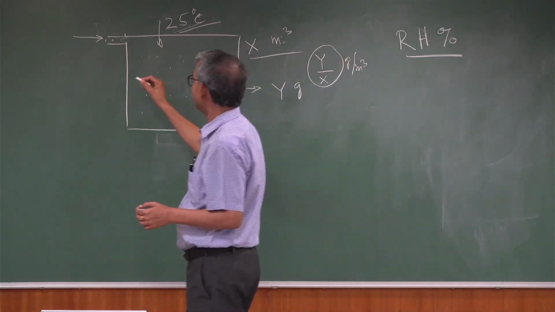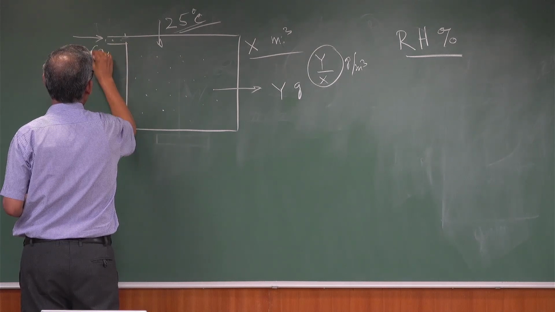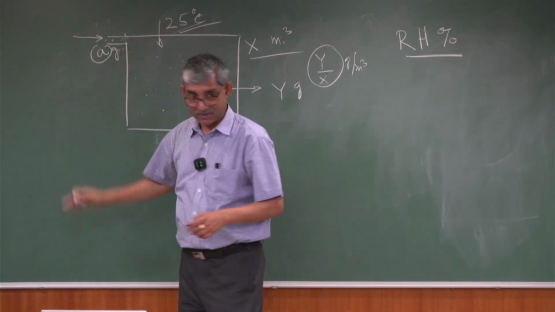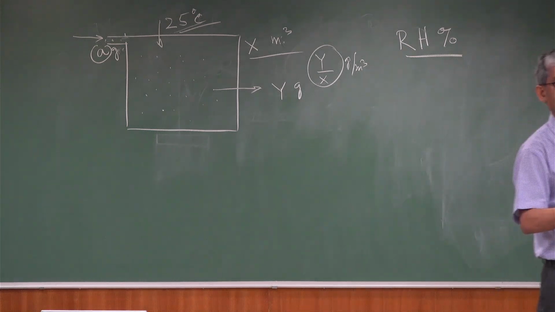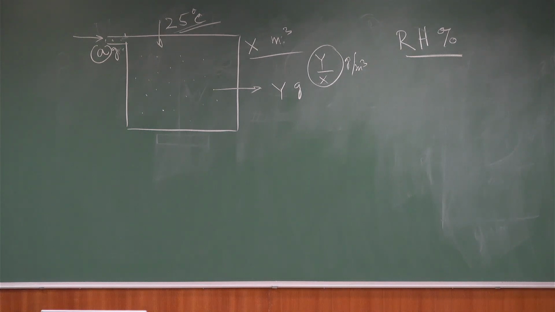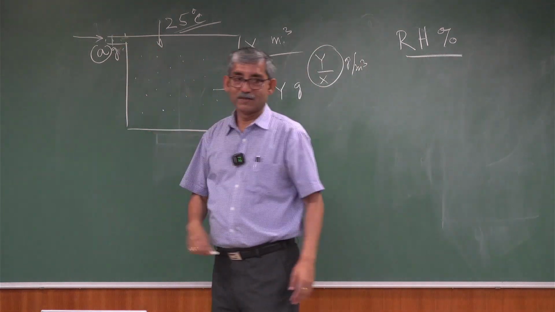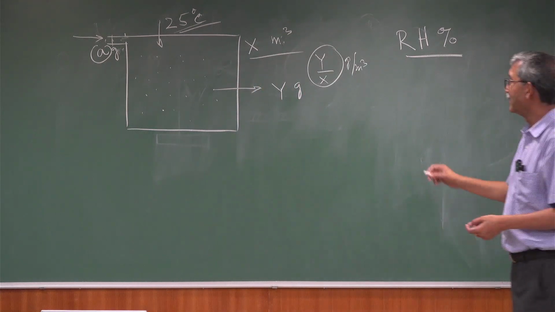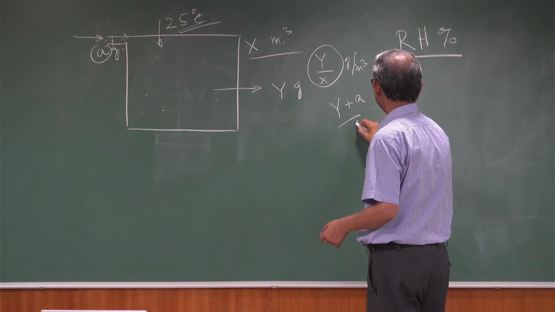I have added a gram of moisture within a minute and then closed it again. What will be the absolute humidity? It will be (y plus a) by x.